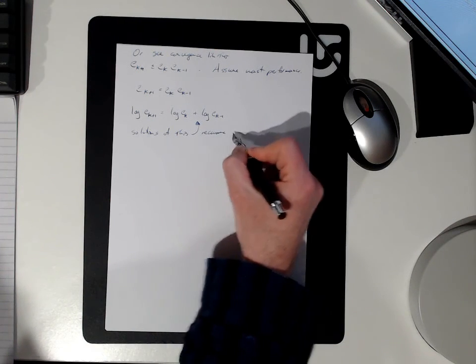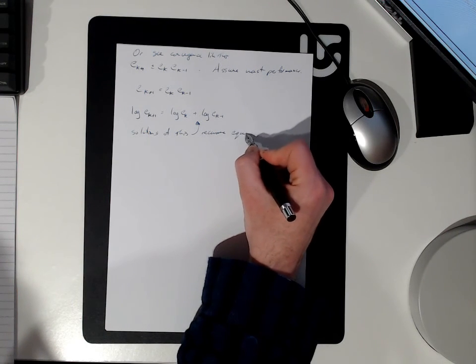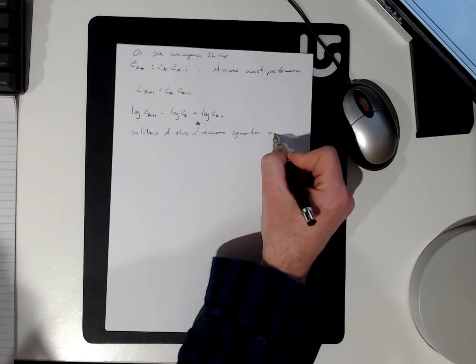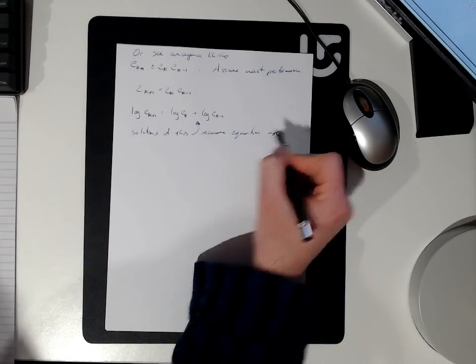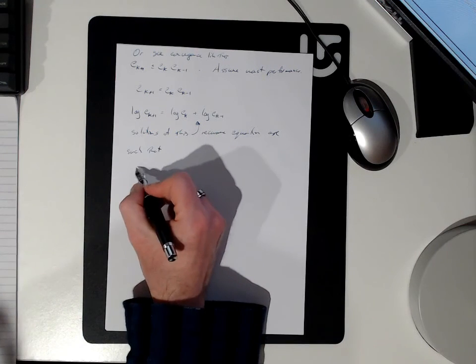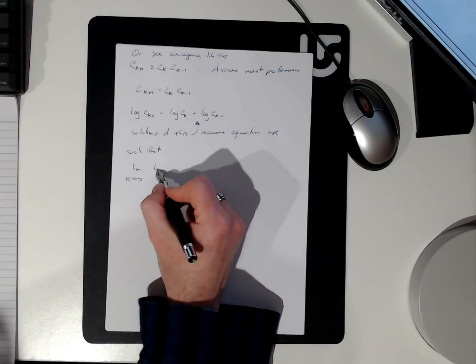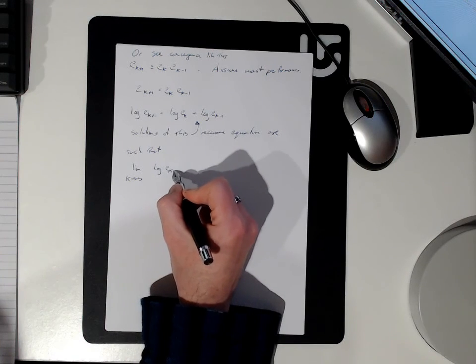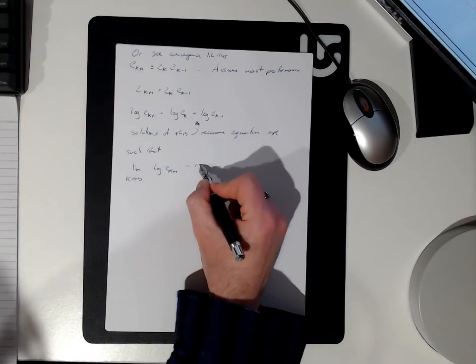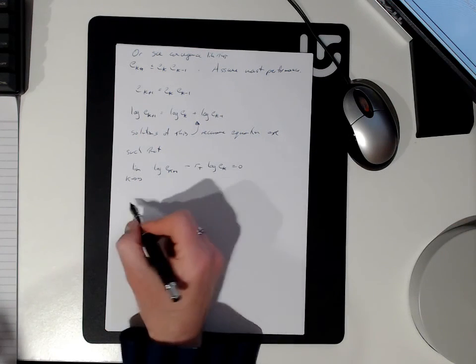Solutions of the recurrence equation are such that the limit as k goes to infinity of the log of e_{k+1} minus r plus times log of e_k equals 0.